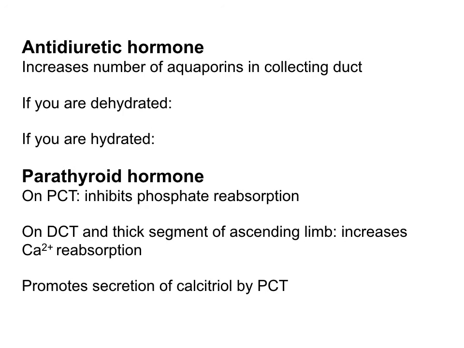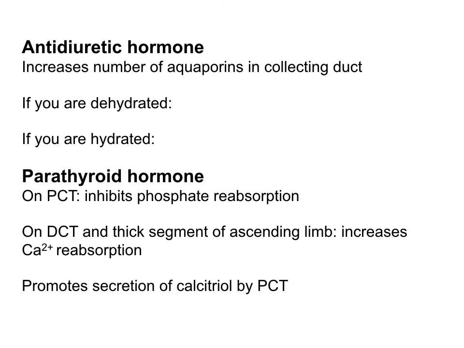If you're not depositing bone matrix, your bones are not going to be absorbing calcium from your blood, so it actually helps to keep the calcium in your blood. When PTH acts on your distal convoluted tubule and the thick segment of your ascending limb of the nephron loop, it causes these two areas to increase calcium reabsorption.